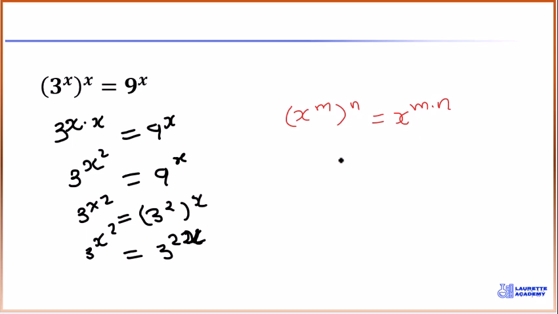Again, we're using this property here. So the bases are the same, 3 and 3, so we can equate the powers. So we can write this as x squared equals 2x. We subtract 2x from both sides to have x squared minus 2x equals 0.